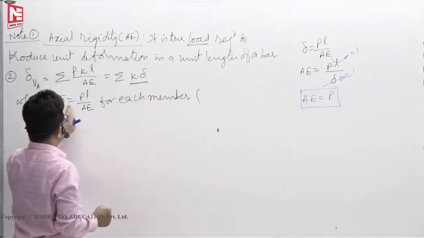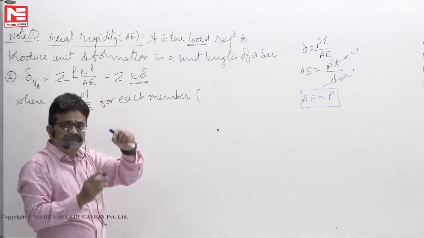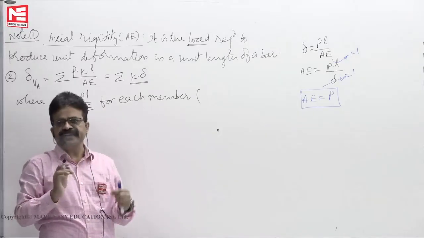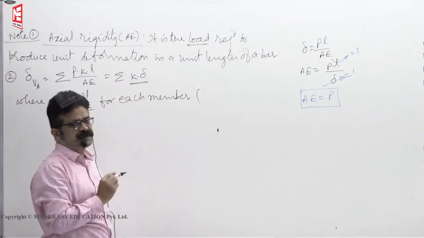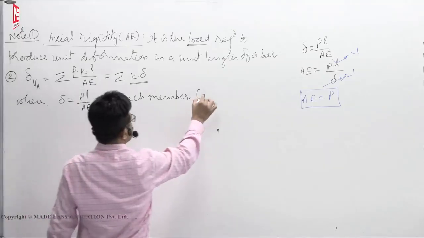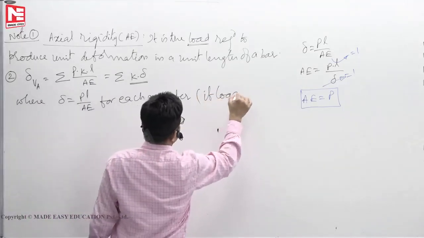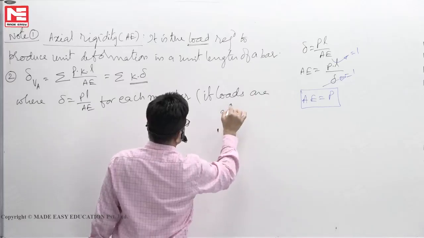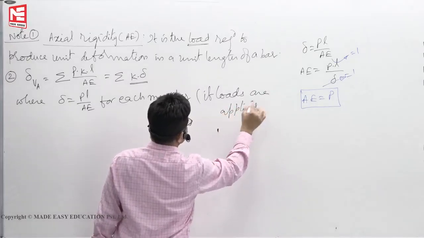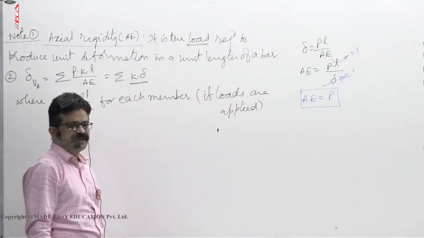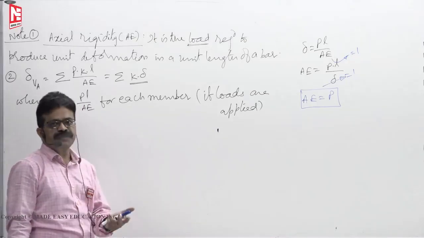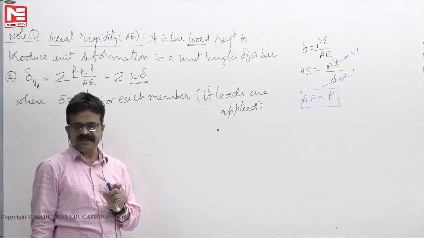When you write deformation PL by AE, if at all loads are applied, then PL by AE is the deformation of each member. So, if loads are applied, this is the formula. This is what you have studied in strength of materials. Next chapter, we have studied about the temperature stresses.